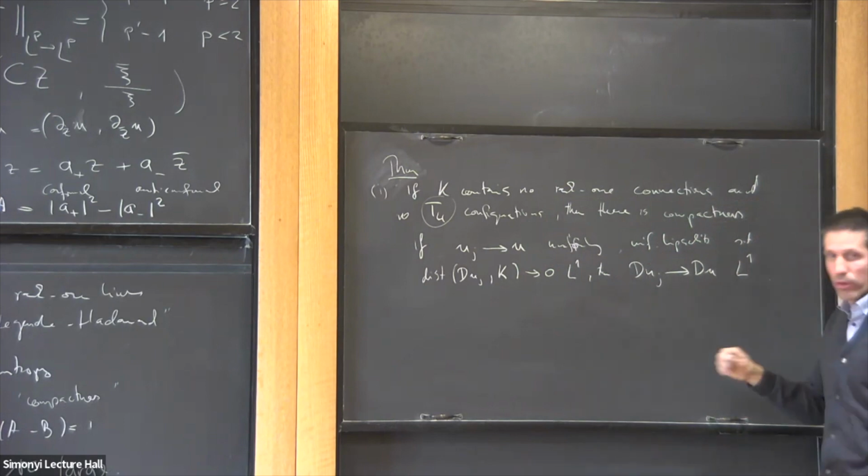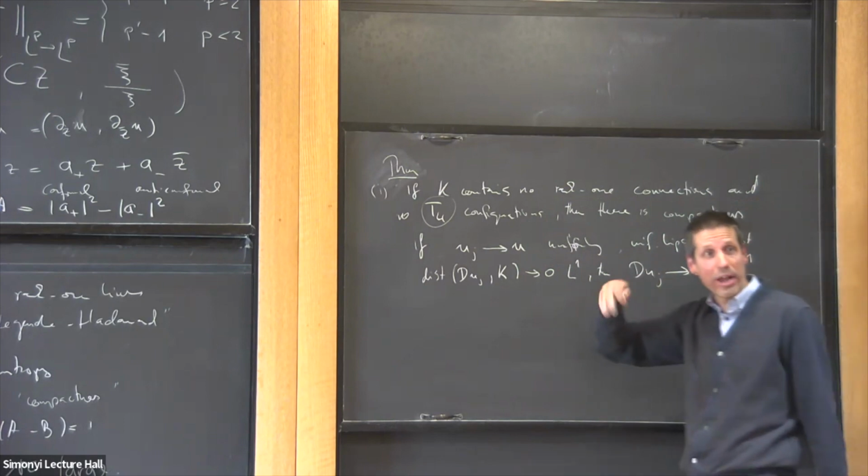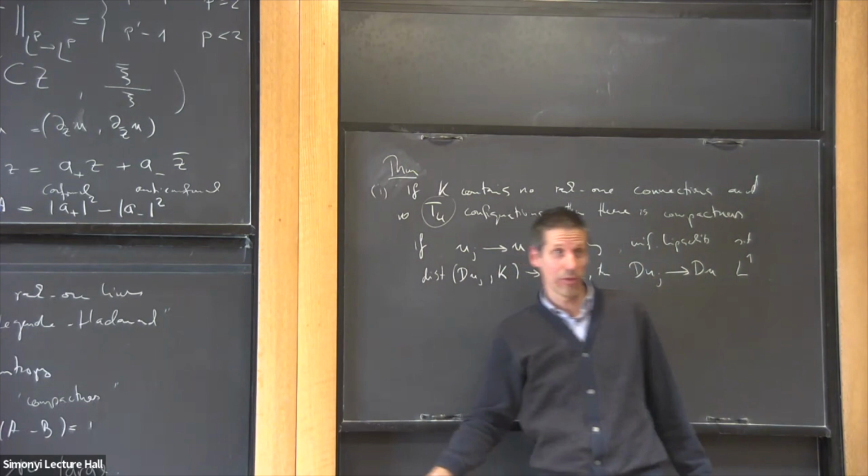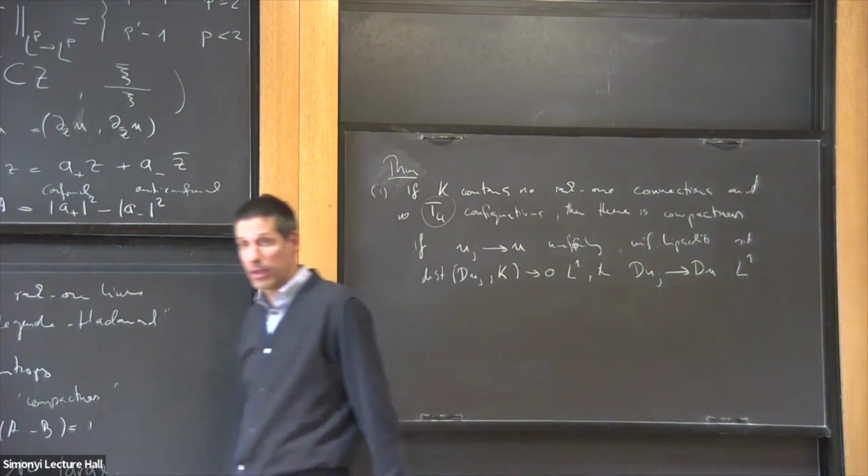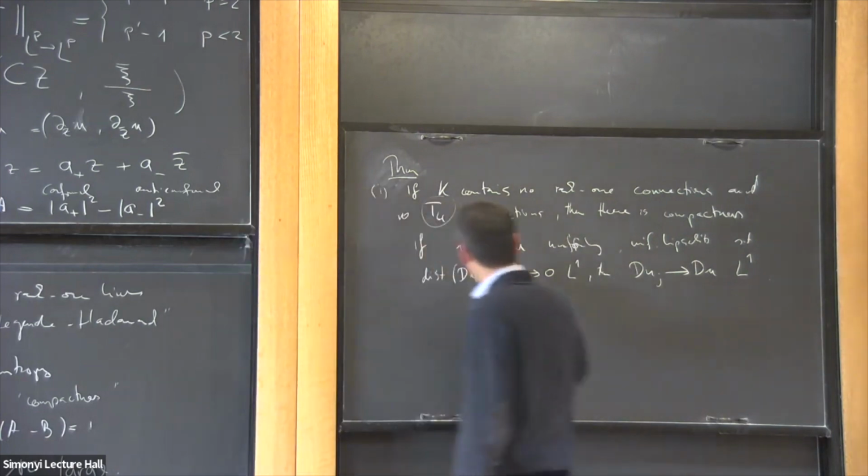Okay, so we cannot have higher and higher oscillations in such a sequence. But this is only in the 2x2 case.